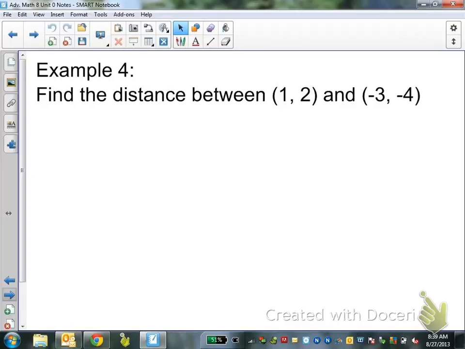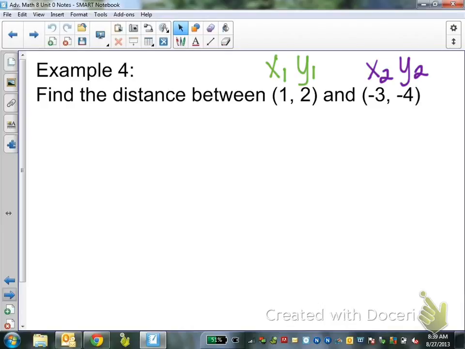Which point do you want to make x1, y1? What's x1? The 1. What's y1? 2. So then what would x2 be? Negative 3. And what would y2 be? Negative 4.